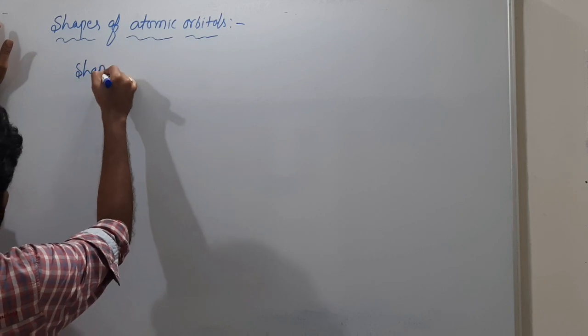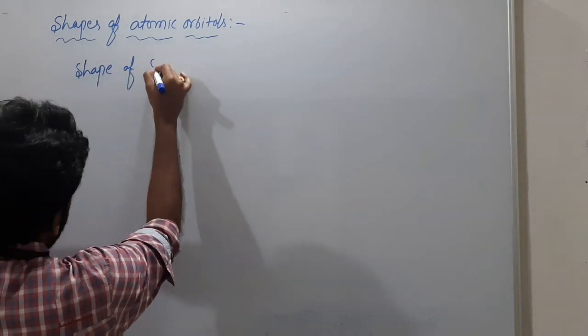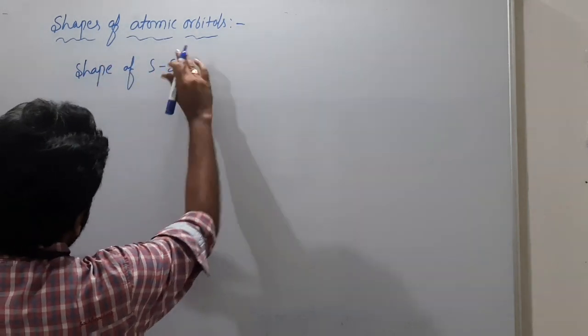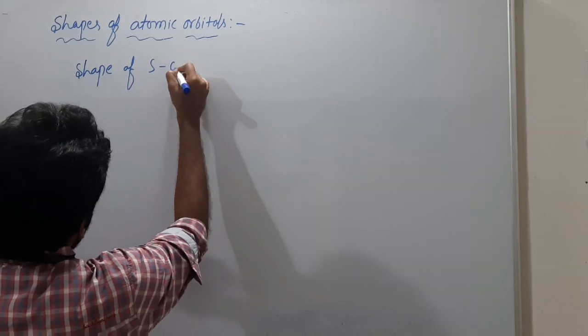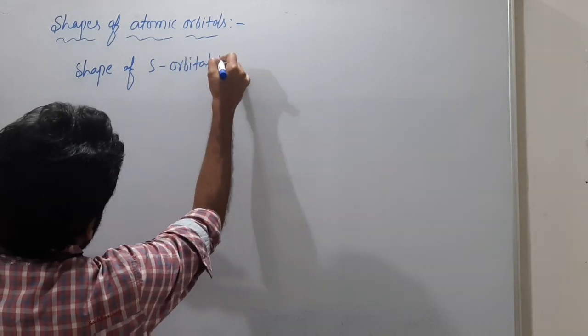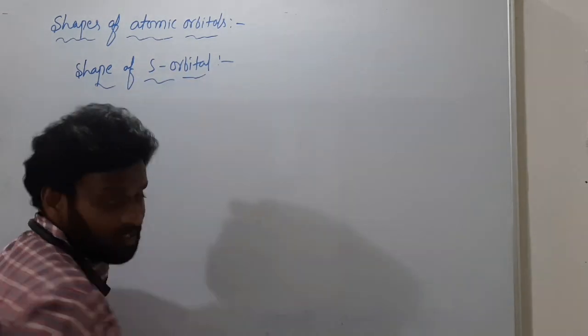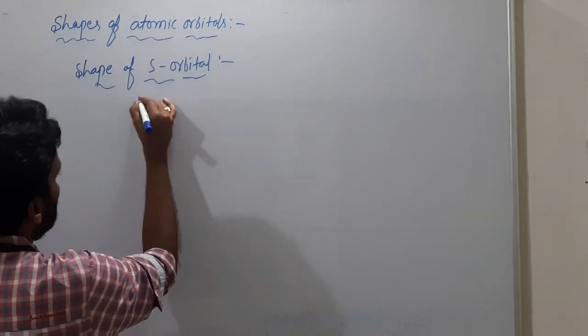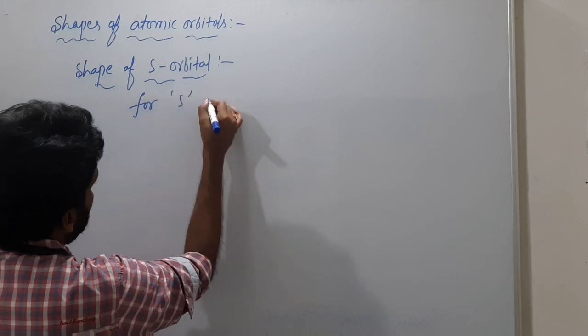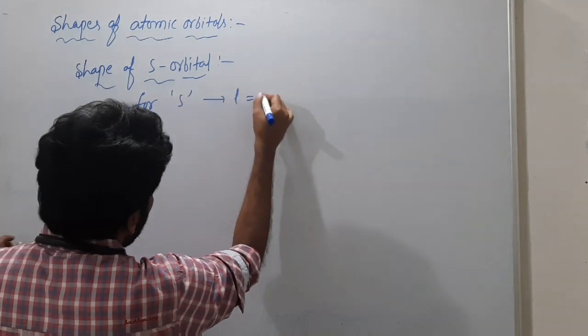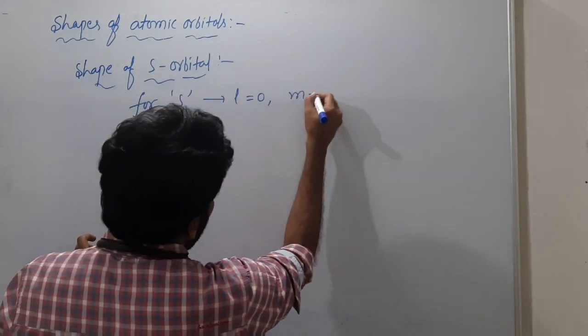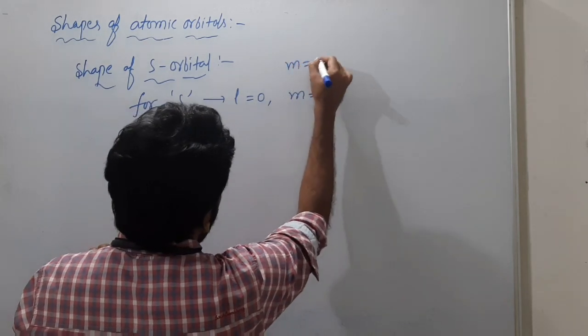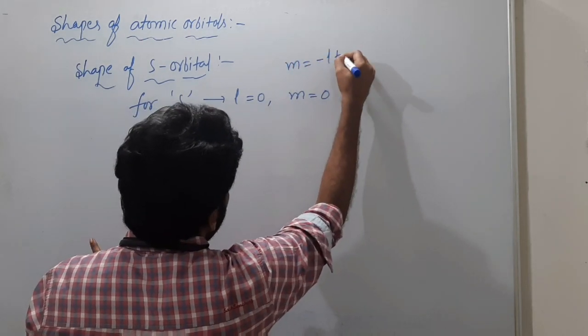Okay, next we will discuss the shape of the s subshell, the s orbital. You know for s, what is the l value? 0. What is the m value? 0. Because the m values are from minus l to plus l.